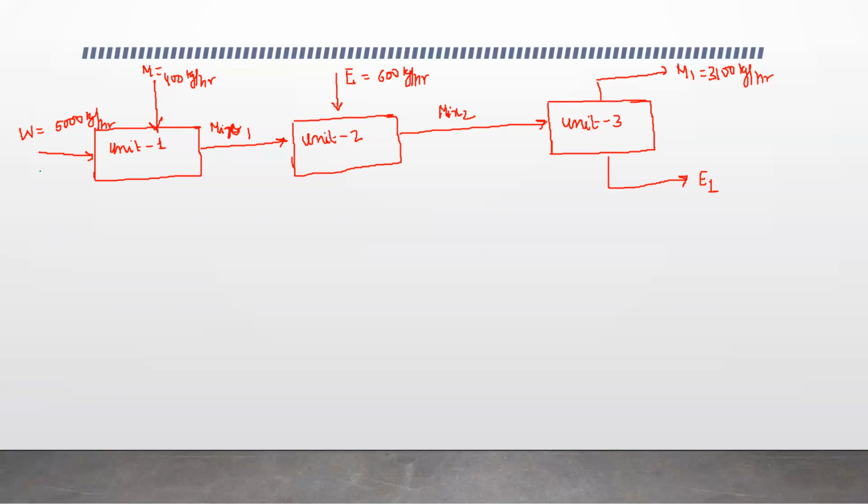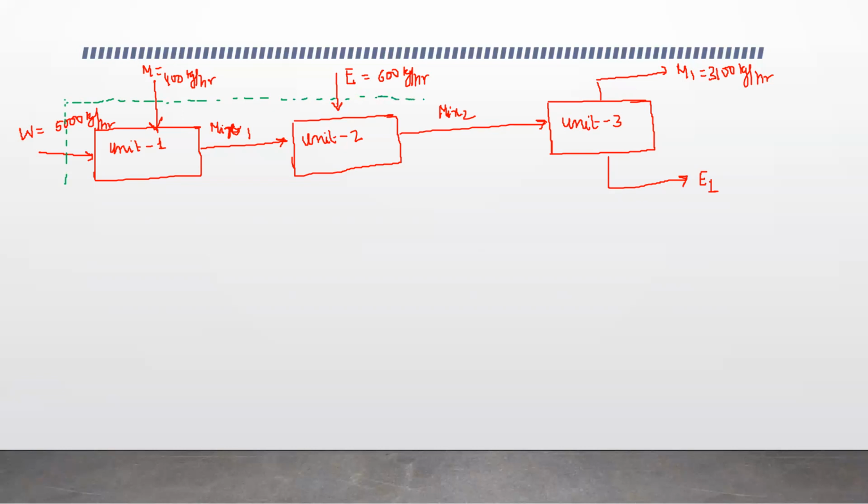One more way in which you can make equations is by making a system boundary. This is known as the method of system boundary.